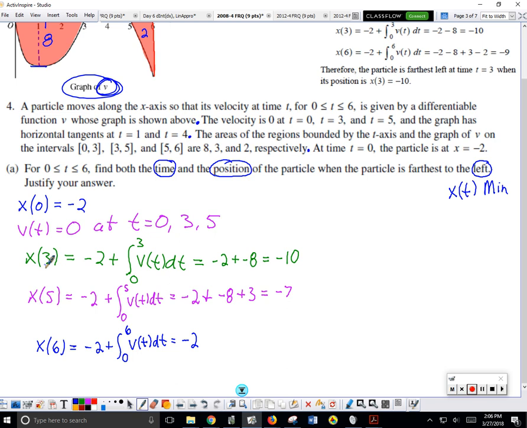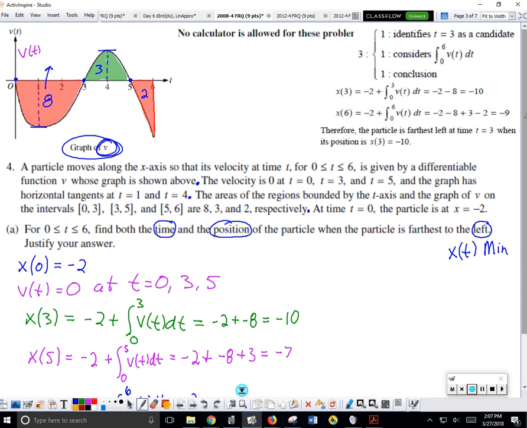X of 3, the position of the particle at time 3, will be wherever the particle was at time 0, added to by what amount the particle's position changes during the next 3 seconds. So the particle starts at -2. During this 3-second time period, the velocity is always negative. This also helps explain why it counts negative, because the particle is going left. So the position changes by -8.